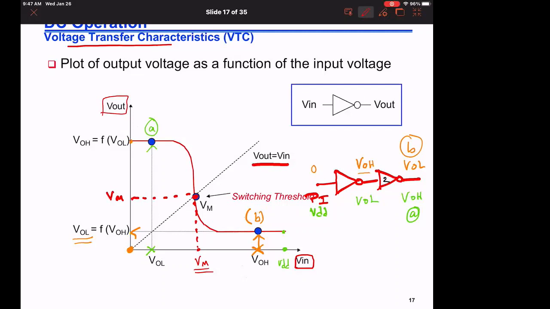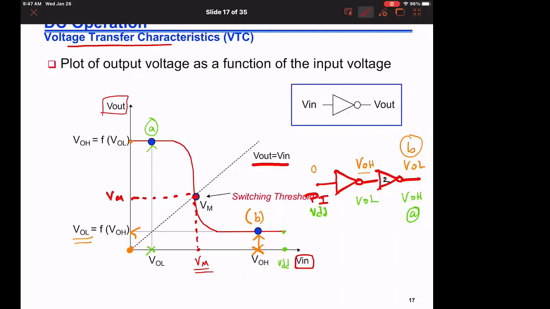If the circuit is designed perfectly symmetric, VM will be equal to VDD over 2, and it will give me a VDD over 2. And we will see that this is a forbidden region for operation in the inverter. We don't want to operate there. We will define now where the ranges for the logic 0 and for the logic 1 are.